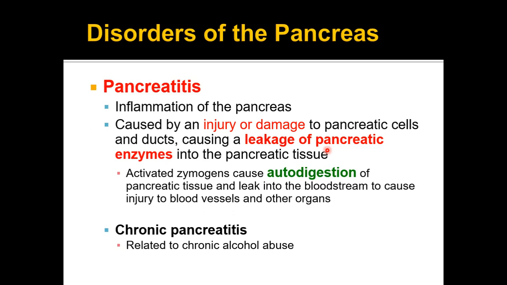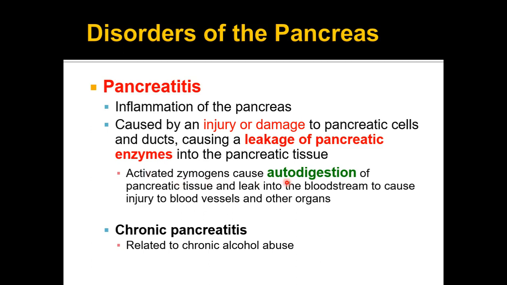So it keeps those enzymes separate from the rest of the pancreatic cells and tissue. With pancreatic inflammation or pancreatitis, that can cause injury or damage to pancreatic cells or the ducts, and then what results from that is leakage of these pancreatic enzymes.